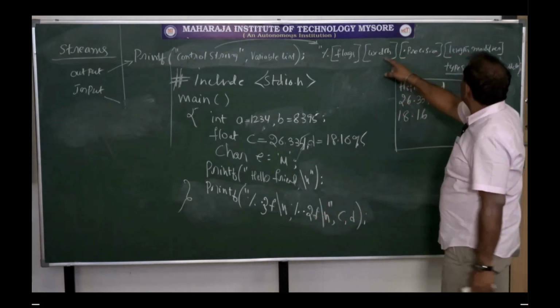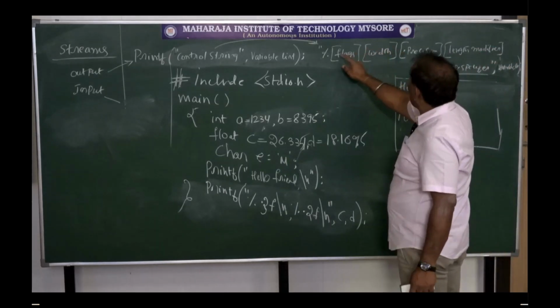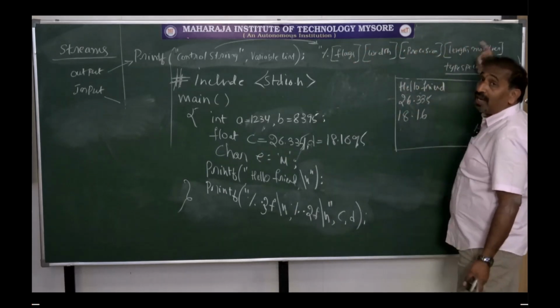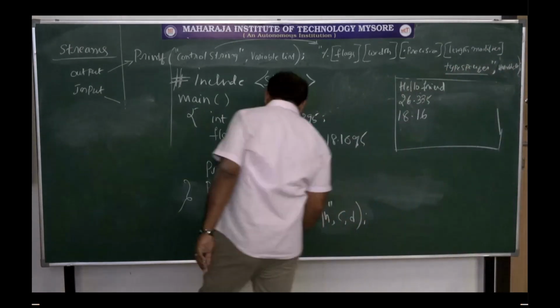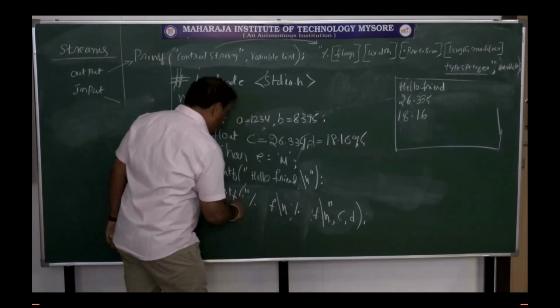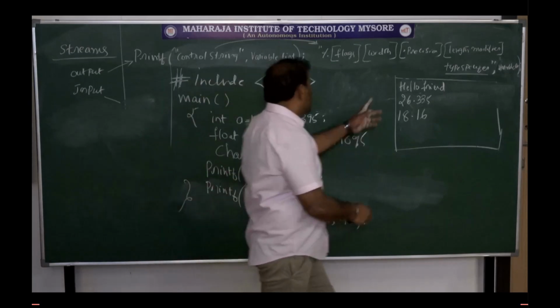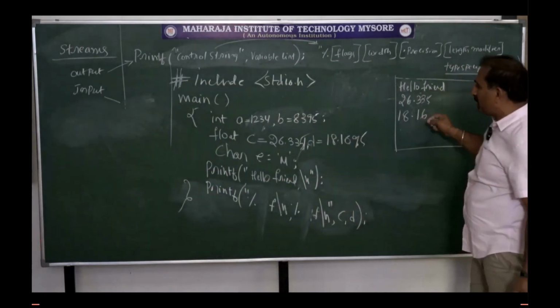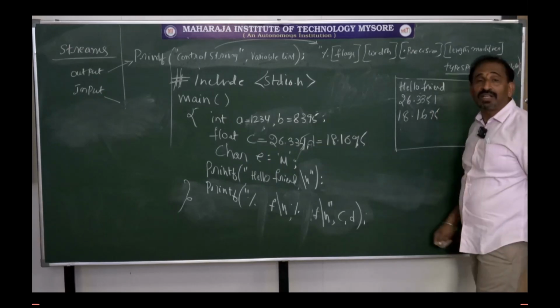So like this, you can use this printf statement with all these things as optional, not necessarily required. If you do not write this percentage f slash n, it prints 26.3351 and 18.1695, like this only.